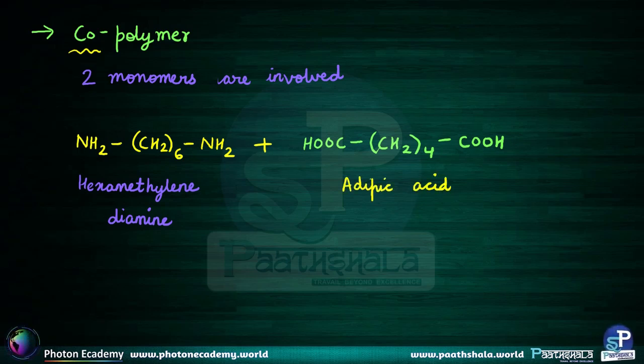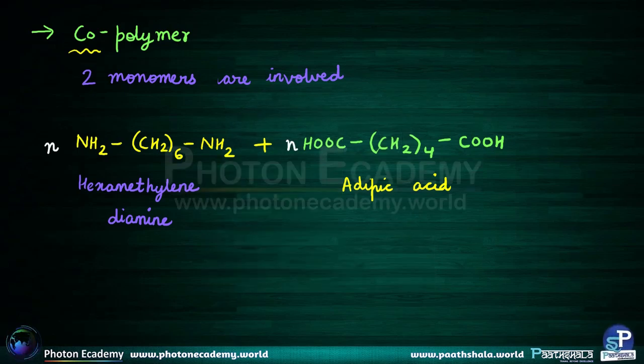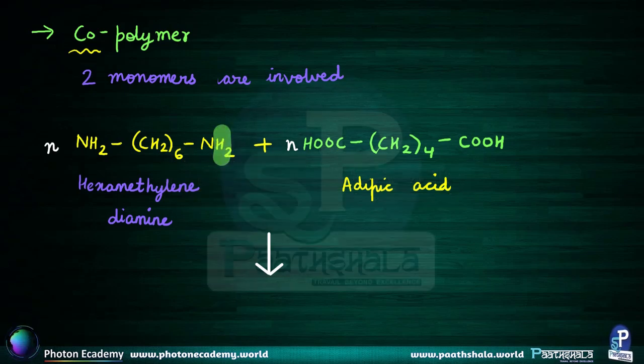Since we are forming polymers, we take n units of hexamethylene diamine with n units of adipic acid, and when we combine both of them, polymerization occurs. We have already seen what a peptide linkage is. A peptide linkage is formed when H is lost from here and an OH species is lost from here, and these two combine on polymerization, and we can represent it in such a manner.